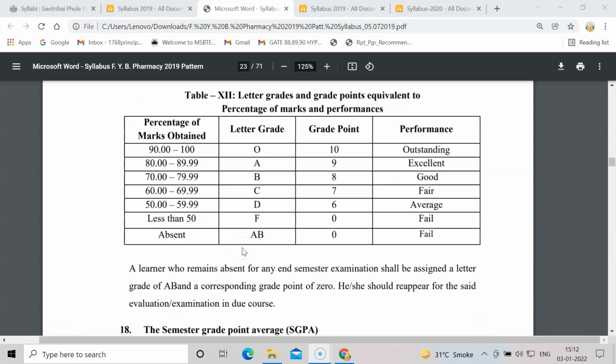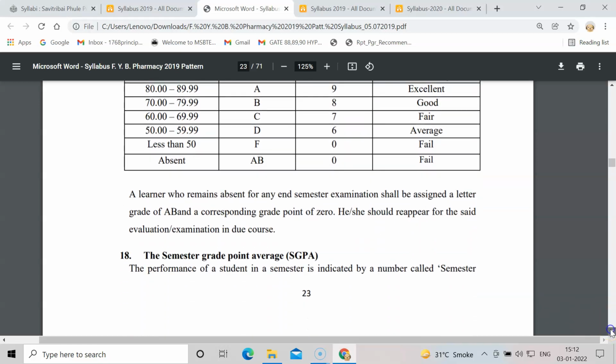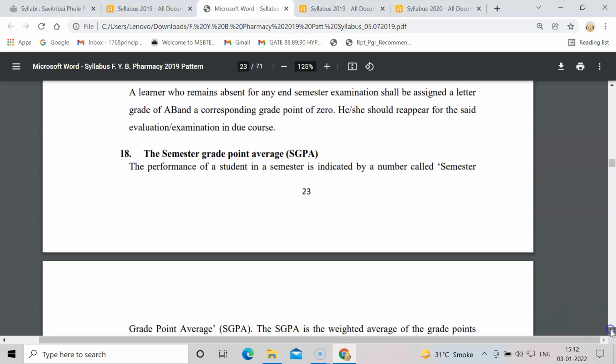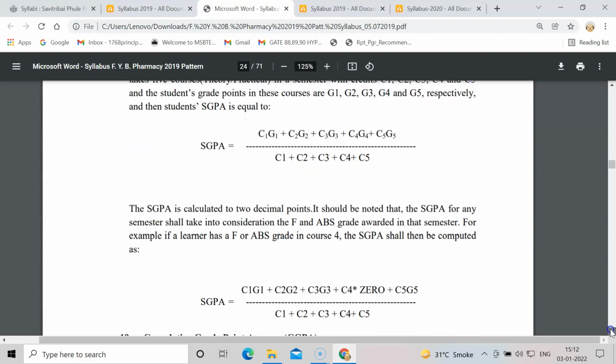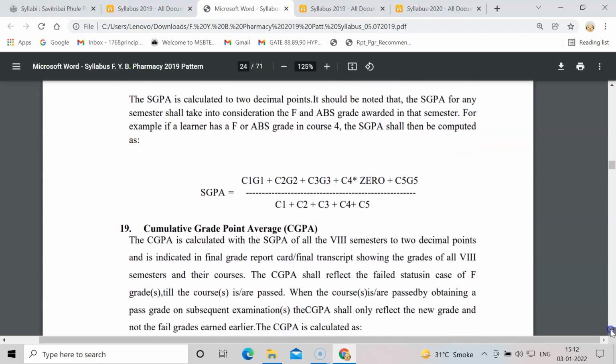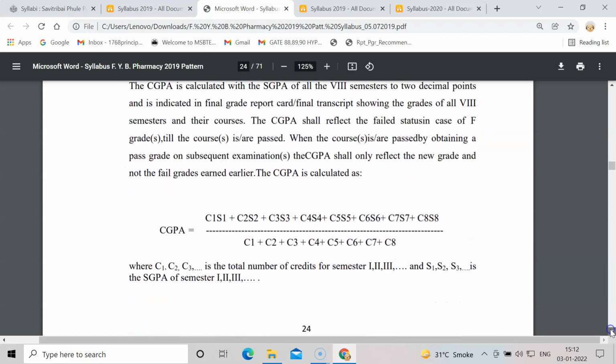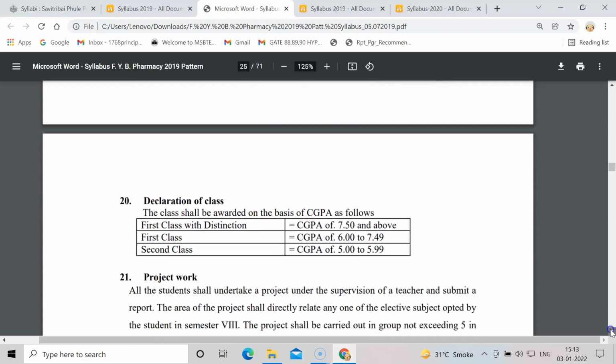Now you will not have a percentage in case of this syllabus. You will have a CGPA score, and this CGPA score depends on the semester grade point average. Each semester will be calculated with grade point, and after that the cumulative grade point, that is the CGPA score, will be given.